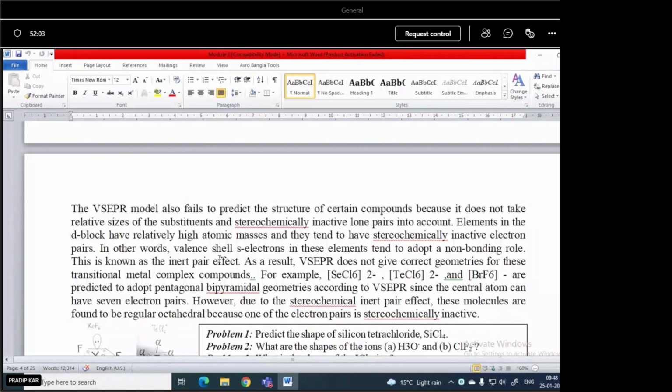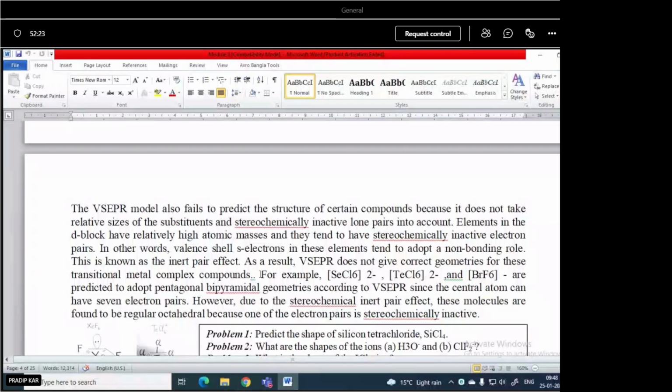Also, VSEPR fails to predict the structure of certain compounds because it does not take into account the relative size of the substituents. That is, it does not take stereochemically inactive lone pairs into account.